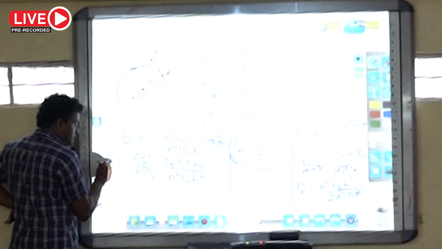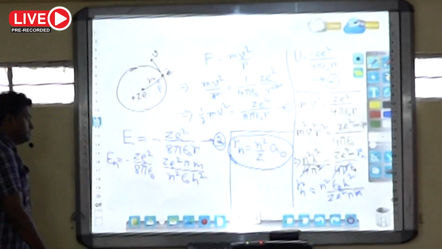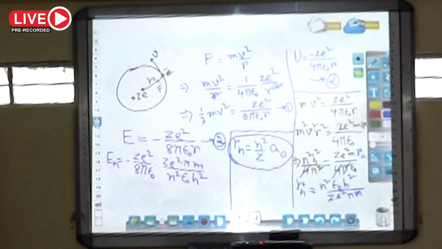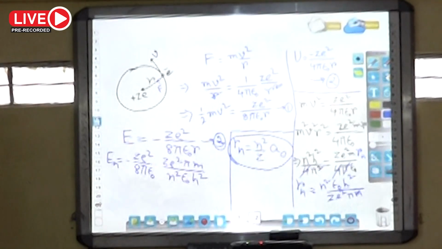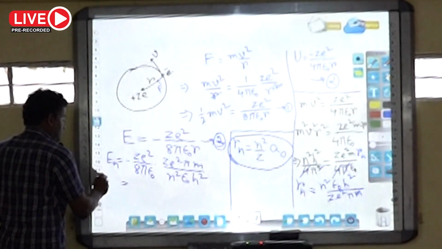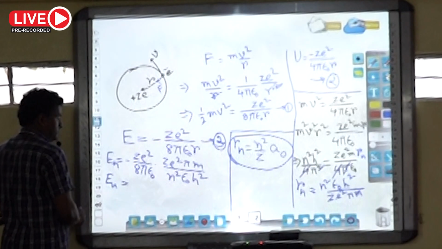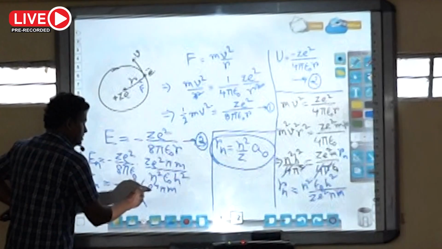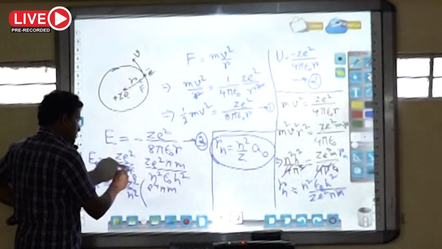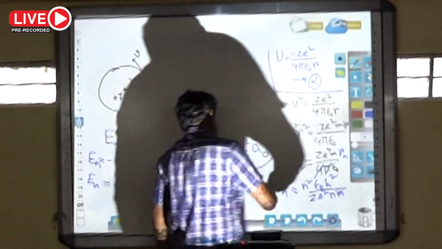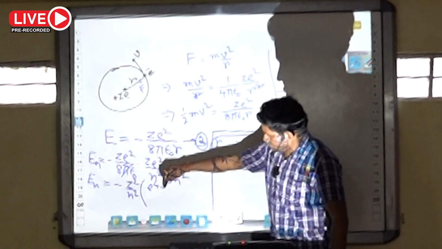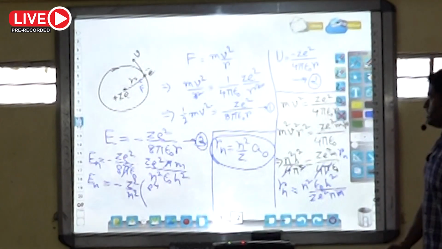Okay. Then since there is n, now we can consider this E is also quantized. E is depending on n. Then it gives you En equal to, now, 1 π will be cancelled.